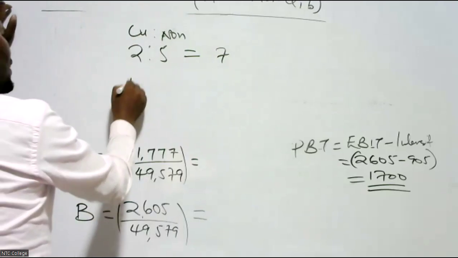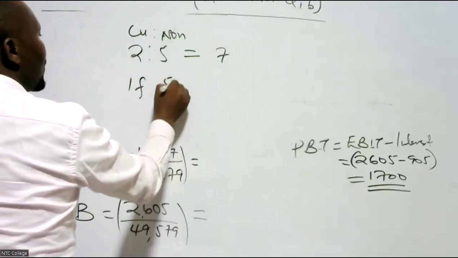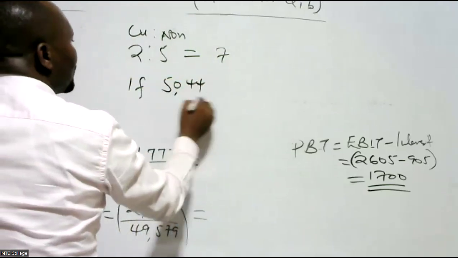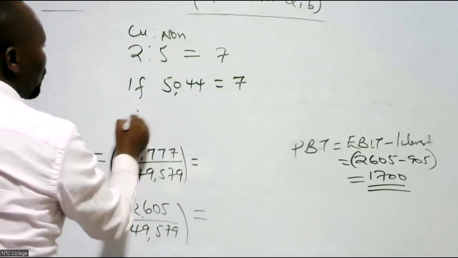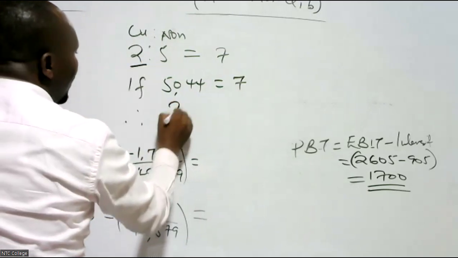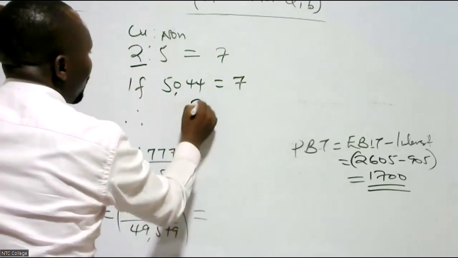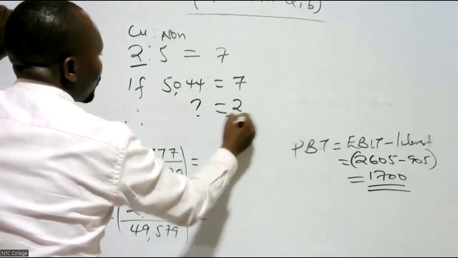So you simply say that if 5044 is equal to 7, that is the total liability, therefore what will be equal to 2?